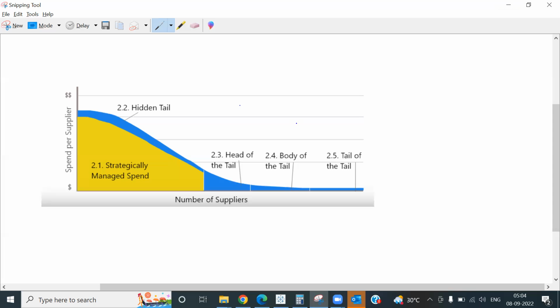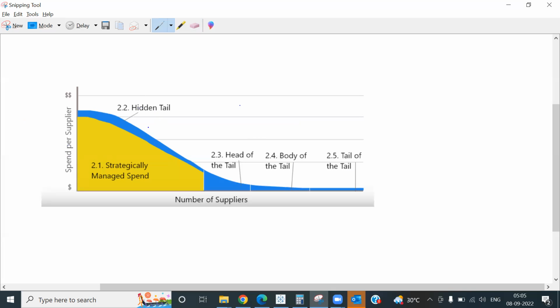However, some companies will categorize strategically managed spend as PO spend, the purchase order spend, and non-purchase order spend like spot buys as tail spend. So it starts with understanding your spend, and then categorizing your spend into different parts: the hidden tail, head of the tail, body of the tail, and the tail of the tail.